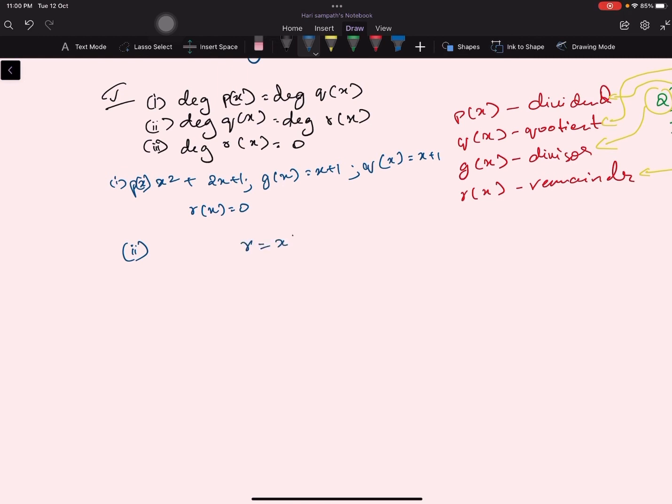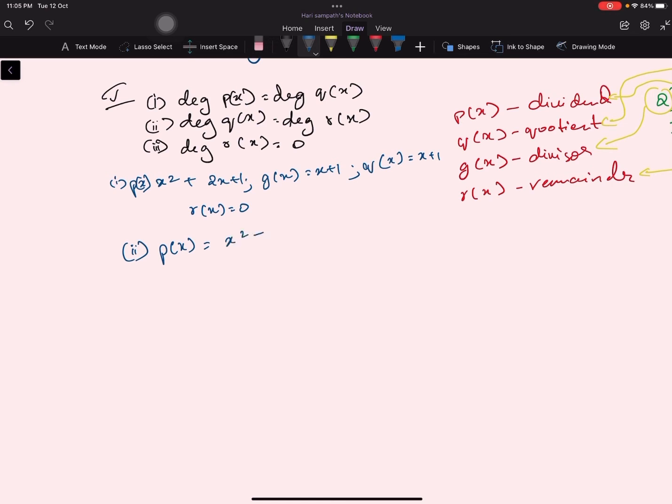If the remainder is square plus 1, second one, we can take the p of x as a square and q of x as a single variable with power 1.